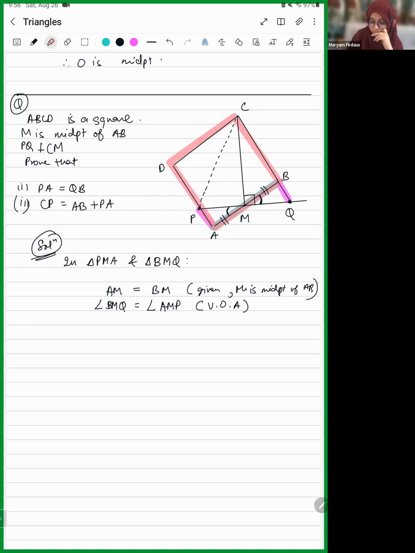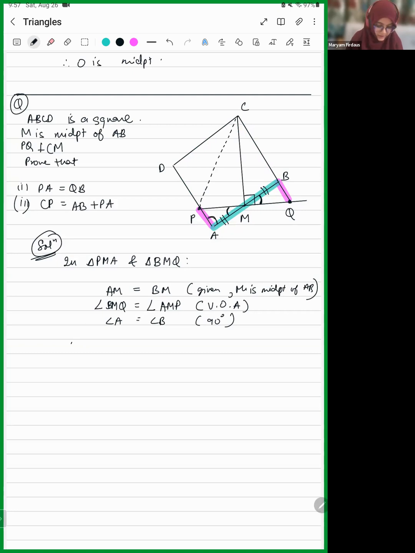Both of them are 90. Yes, so angle A equals 90 degrees and angle B equals 90 degrees. So angle A is equal to angle B, which is equal to 90 degrees because of the square, okay? Yeah, so ASA. Yes, it is ASA.